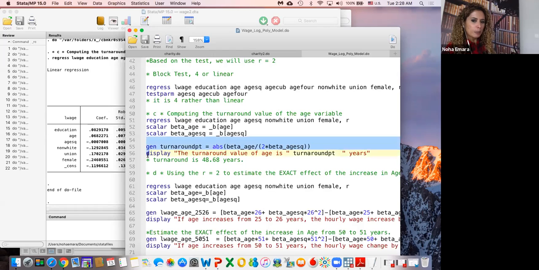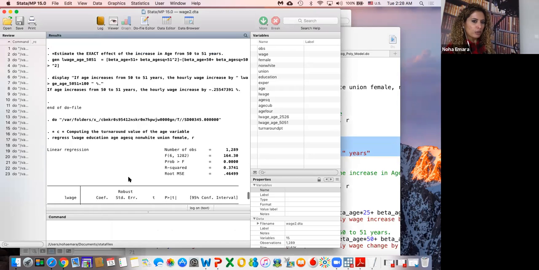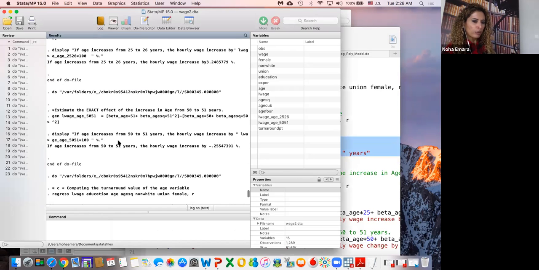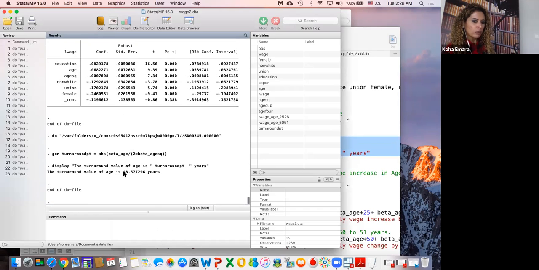And it's very helpful to extract the coefficients, because we can write a sentence with the answer. The turnaround value of age is 68 years of age. And that makes a lot of sense, because in our previous question, when we were talking about 50 to 51, it's after the turnaround point of about 49.